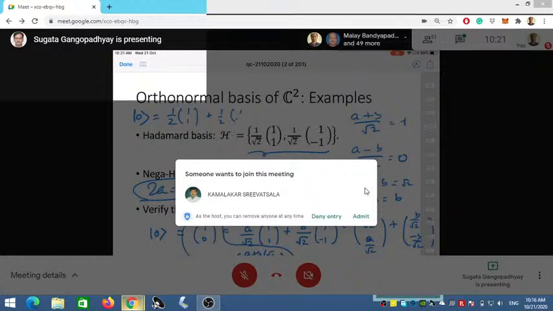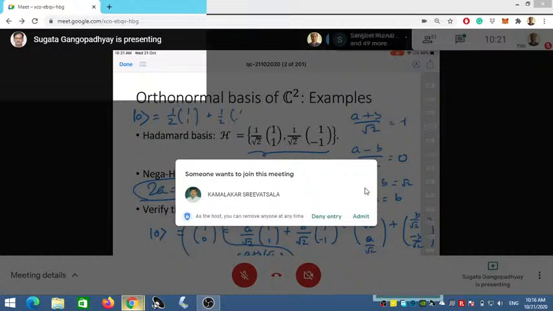So indeed, a plus b is equal to root 2, and a minus b is equal to 0, and therefore we are correct in saying that a is 1 by root 2 and b is 1 by root 2. All right, so there is no problem there. Now our basis H is this: 1 by root 2 (1 1), 1 by root 2 (1 -1), and let us suppose we write it like this, ket plus and ket minus.